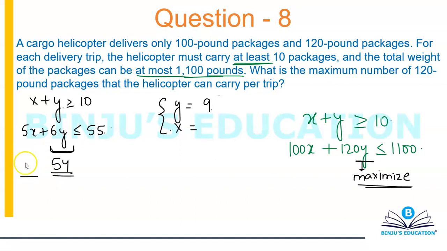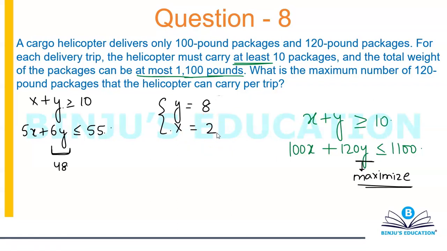Then the third case that I'm going to take is y to be 8. 6 into 8 is going to give me a value of 48. Now if y is 8, then x needs to have a minimum value of 2, because x plus y is greater than or equal to 10.